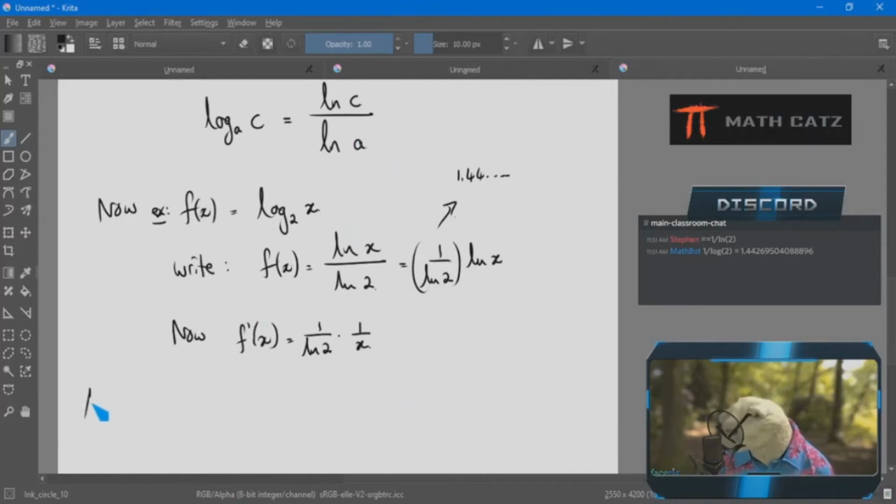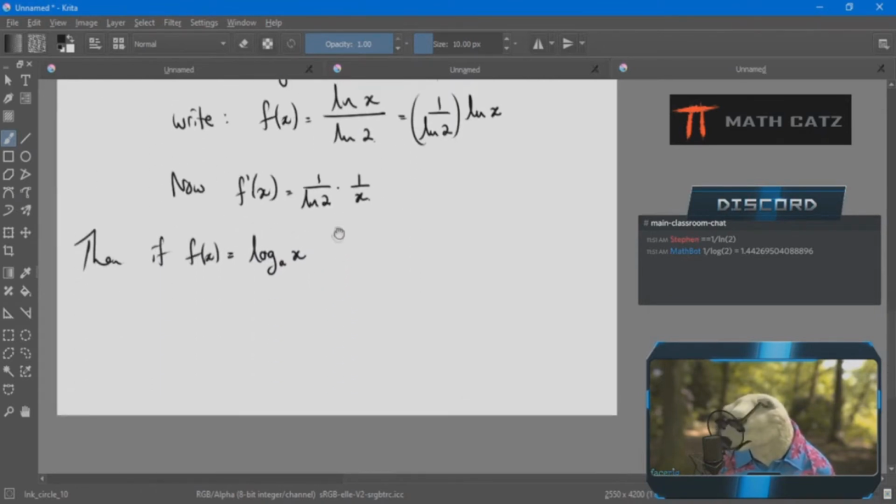So then in general, if my function is log base a of x, not necessarily a 2, I personally don't memorize this.